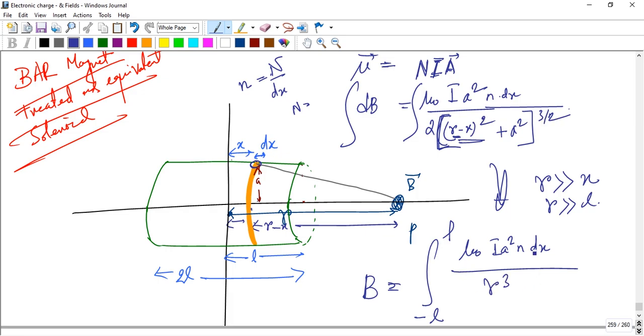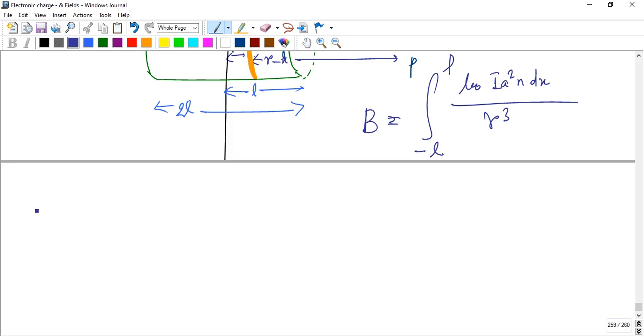Now next we get B here. Mu 0 I a squared n by R cubed, these all are constants outside the integration, times the integral from minus L to plus L of dx.